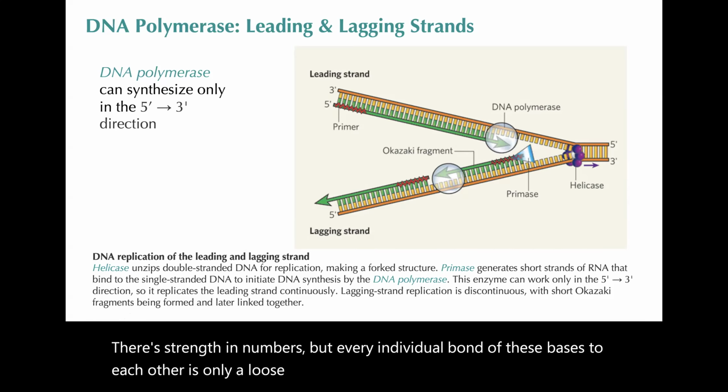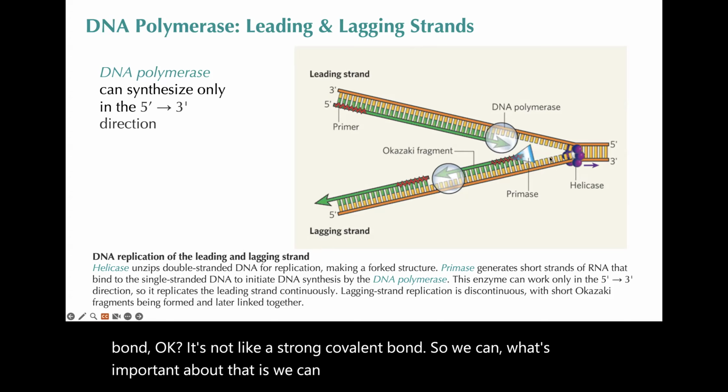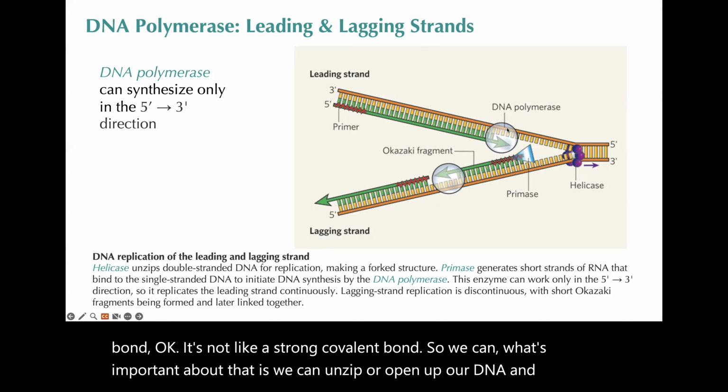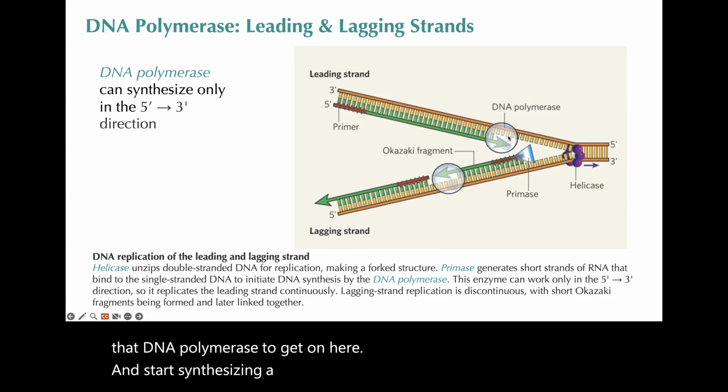It's a hydrogen bond. It's not a real bond, okay? It's not like a strong covalent bond. So what's important about that is we can unzip or open up our DNA. And that allows that DNA polymerase to get on here and start synthesizing a new corresponding strand of DNA.